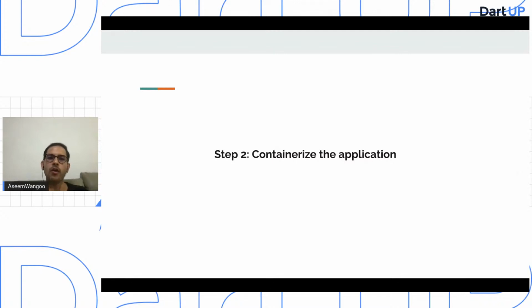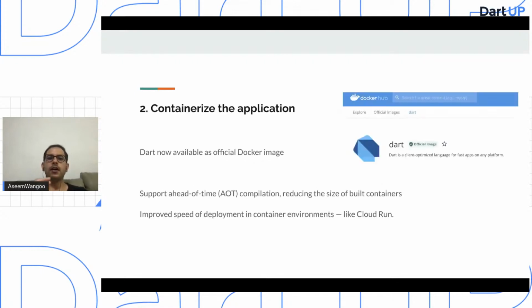So till now, we saw how we created a simple server-side application. Next step is we need to containerize this application. Let's go deep. For containerizing the application, we make use of Docker images.